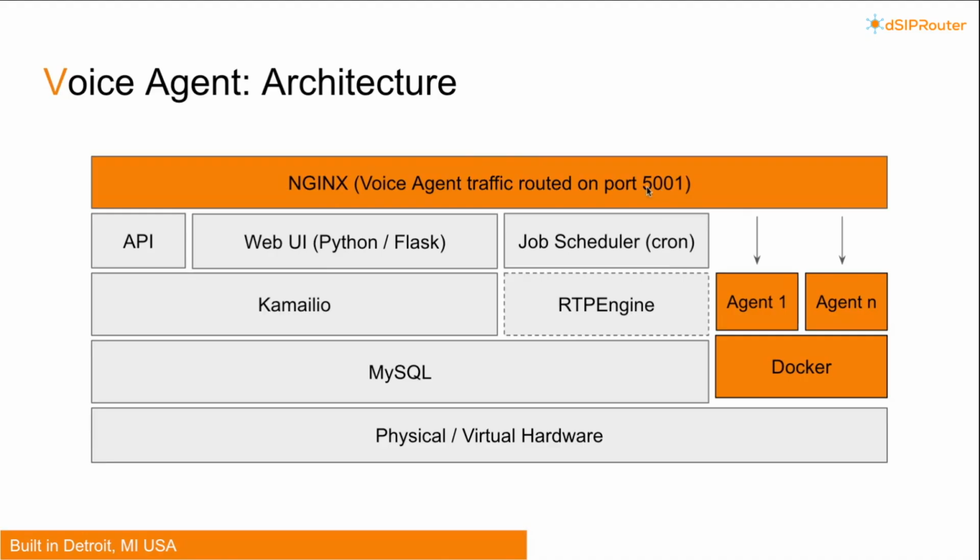So you will configure it to point to 5001, and 5001 will then route. There will be logic to route it to these different agents that are running as containers on a Docker environment. So that's, at a high level, the architecture, how we're running these particular containers.